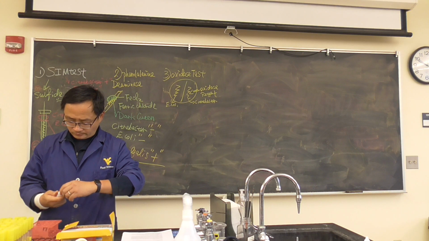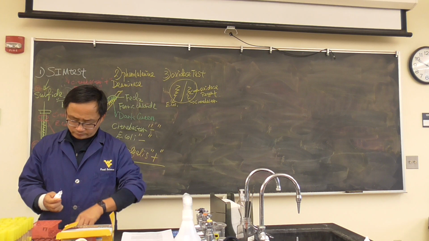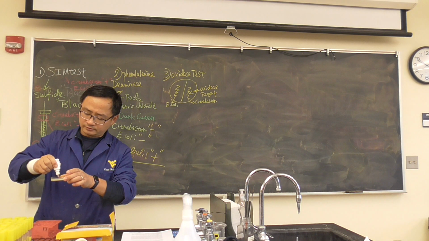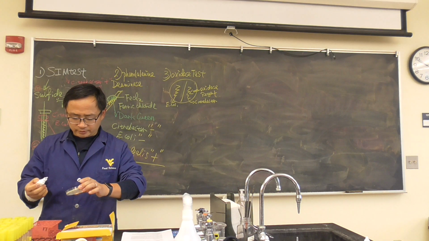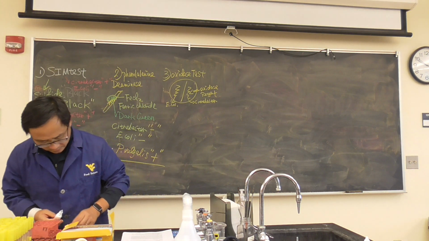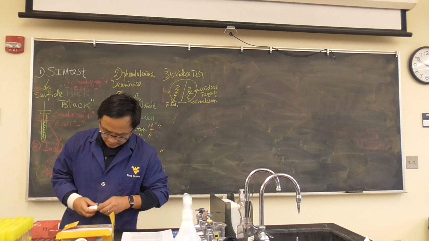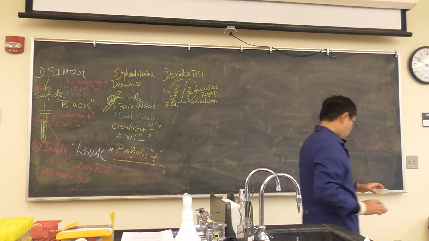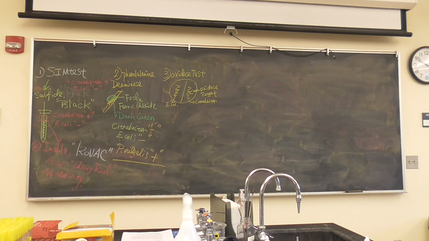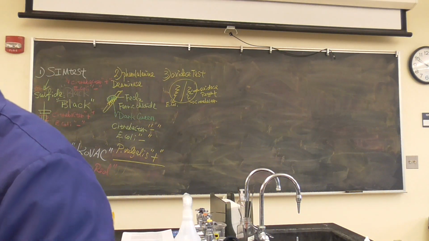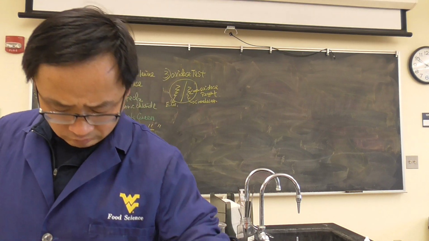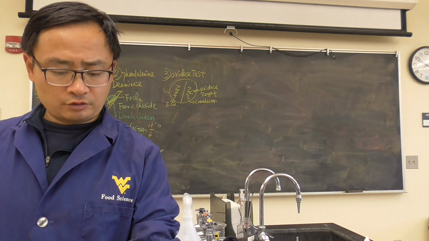Hope it's still working. So we add a couple of that, couple of here. React it a little bit to see anything turns like... Any of these turns like what we say, purple?